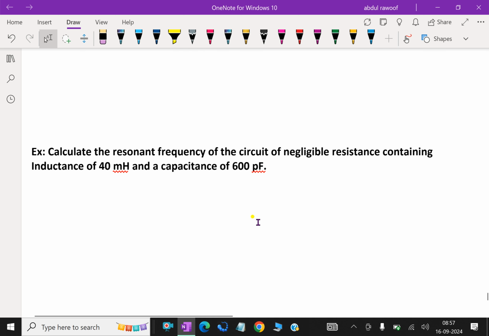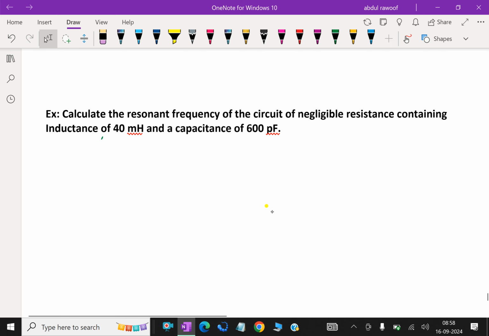Next question, calculate the resonant frequency. Find the resonant frequency of a circuit of negligible resistance containing an inductance of 40 millihenry and a capacitance of 600 microfarad. Then F0, the resonant frequency formula, is 1 by 2 pi root LC.